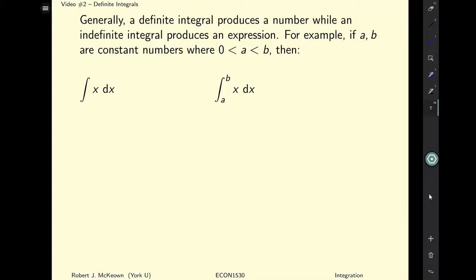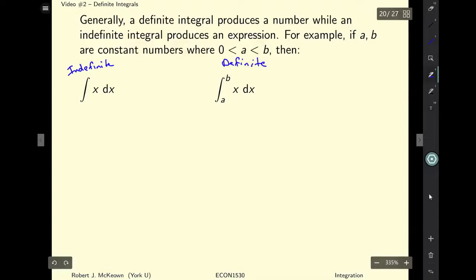It's generally the case that when you have a definite integral, your answer is going to be a number or things representing a number. And when you're integrating an indefinite integral, you're going to get an algebraic expression. It's not always the case, but generally that's what you're going to find. So we have an indefinite integral over here, and we have a definite integral over here.